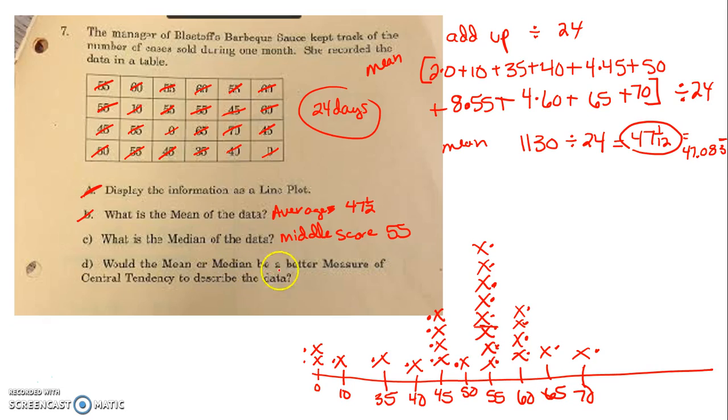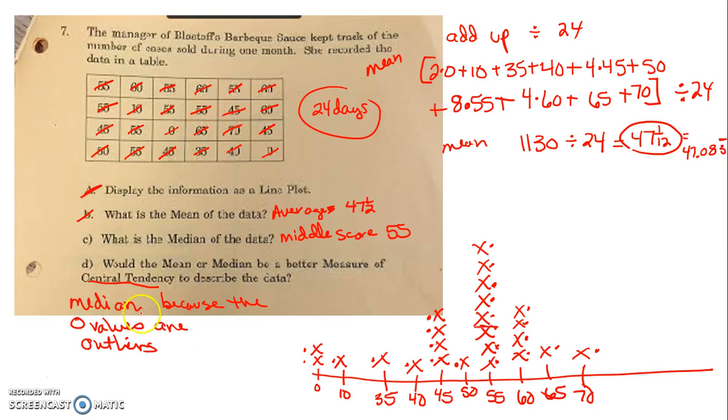And it says, would the mean or median be a better measure of central tendency? Okay, here's the deal. The median is definitely the better measure of central tendency in this case because the 0 values, there's 2 0 values way down here, are outliers.